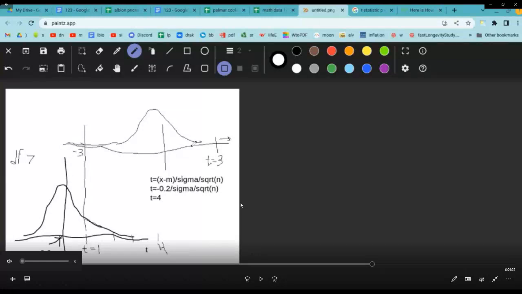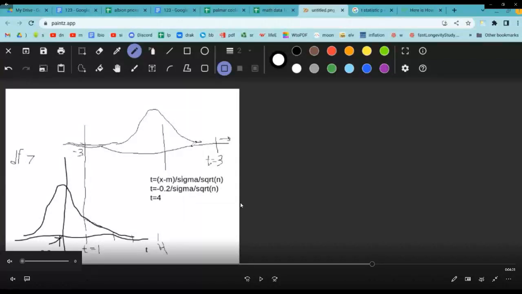Okay. And once you get that value, how do you align it? That's the distance between the center of the true mean and your null mean, which is the true mean minus the null mean, right?